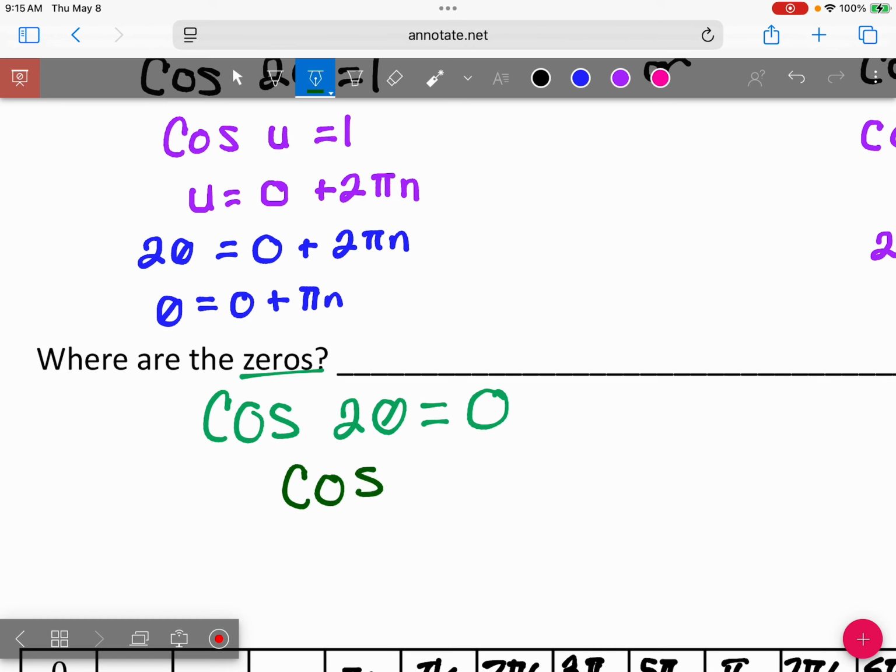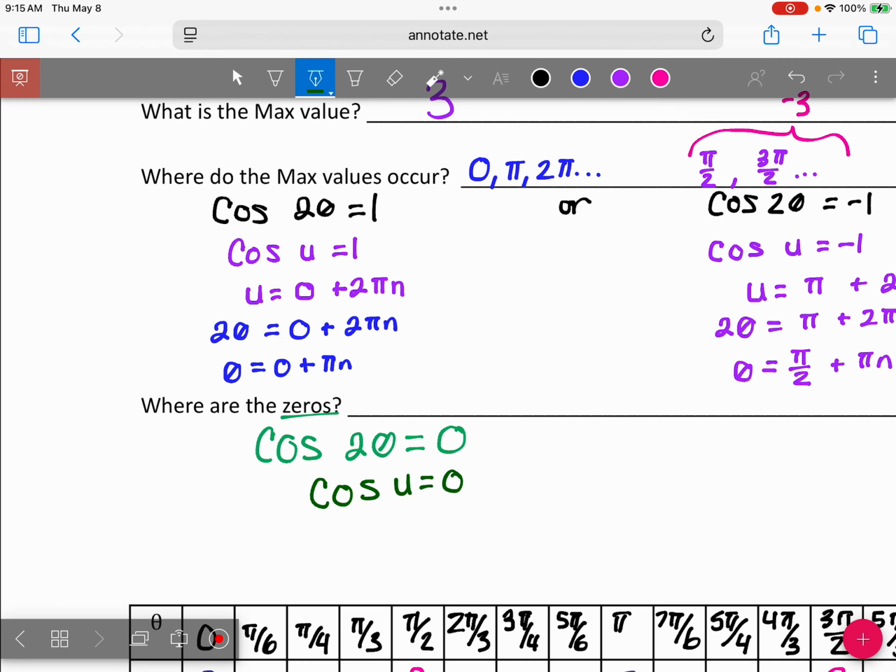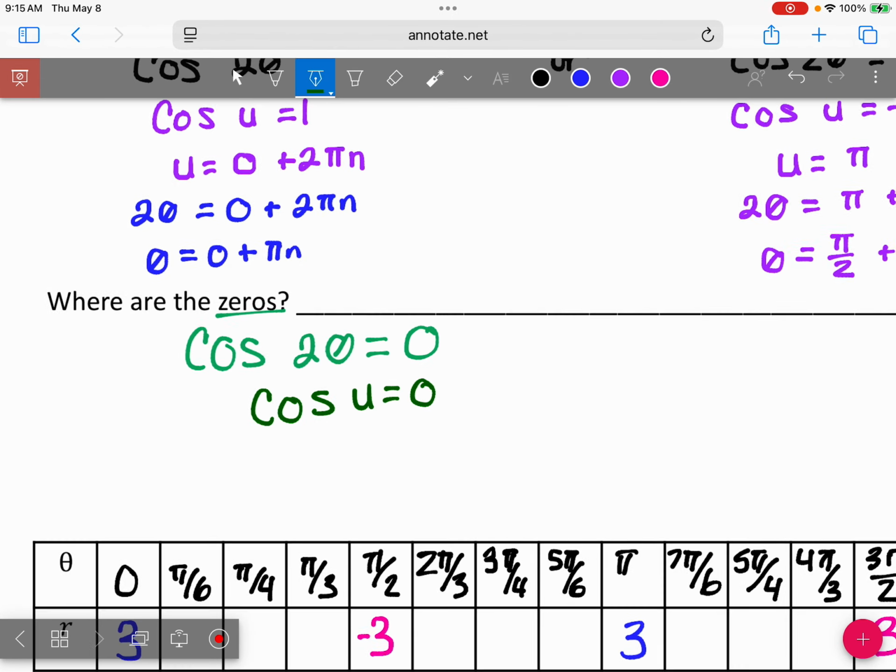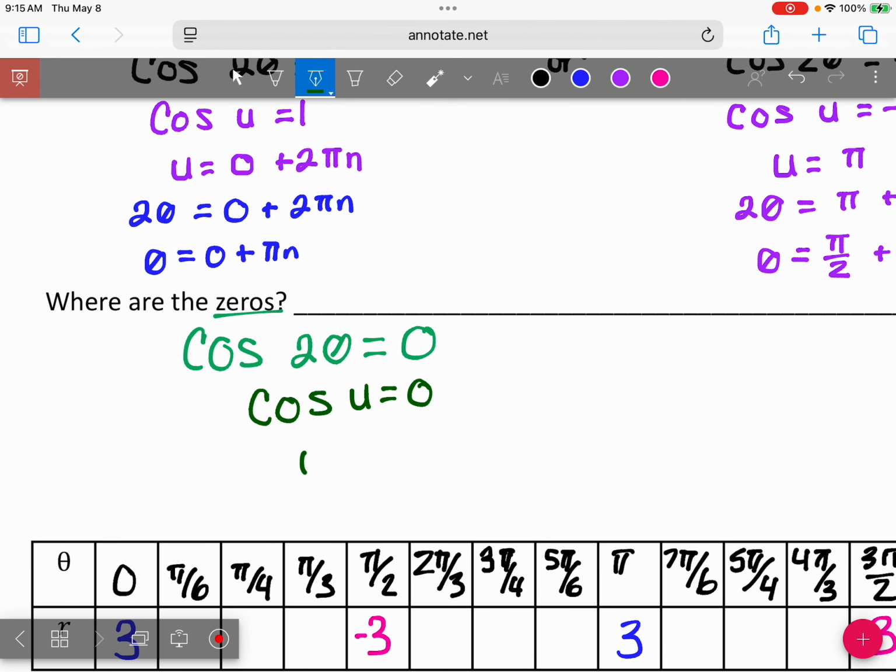If we know that cosine of u equals 0, what's our u going to be? Pi over 2. Yeah, because it's happening at pi over 2 and at 3 pi over 2, and then again at 5 pi over 2, and then again at 7 pi over 2. So it's repeating every pi n.